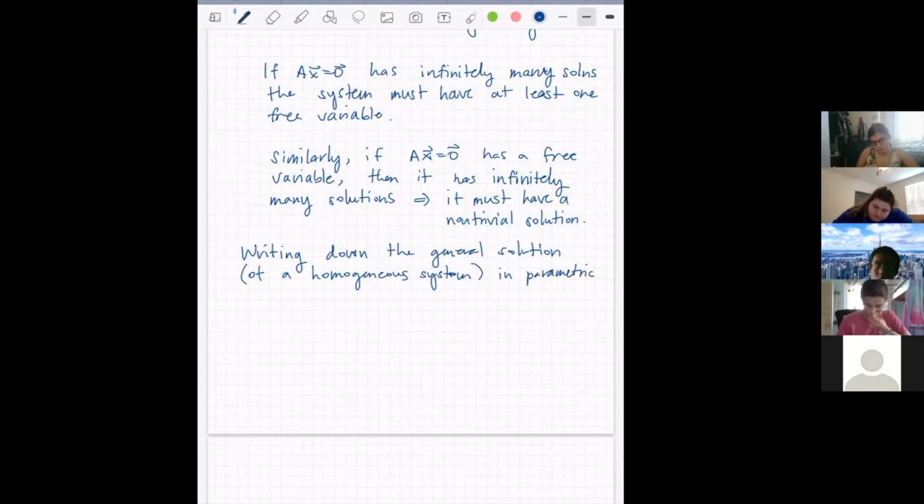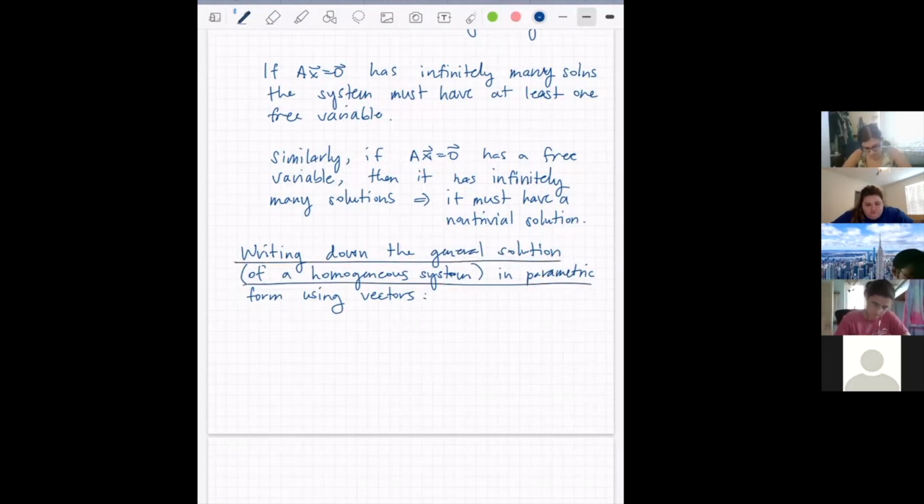So similar to how we've been writing down these general solutions, but using vectors, like I said. Okay. So instead of describing this in general, I'm going to just do an example that will hopefully be enlightening. I guess I'll underline this whole title.